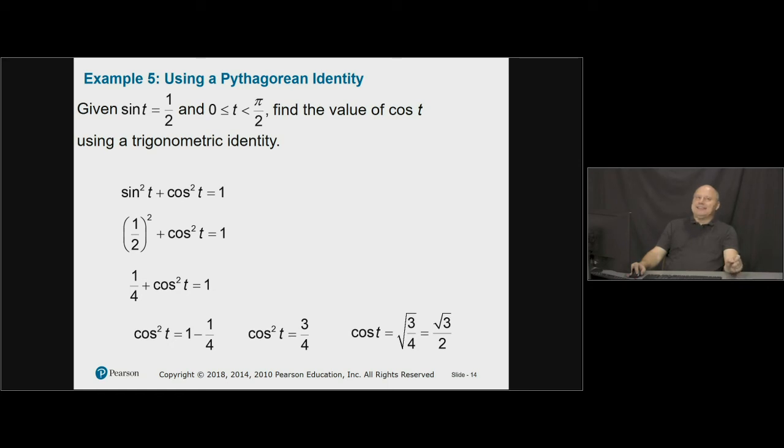Because if they didn't say t is between 0 to pi over 2, when you took the square root of both sides, it would have had to be plus or minus the square root of 3 over 2. But the reason that they didn't include the minus here is because we know it's not minus, because we're in the first quadrant. Cosine is the x-coordinate, which makes it positive because you're in the first quadrant. So that's all that's about.